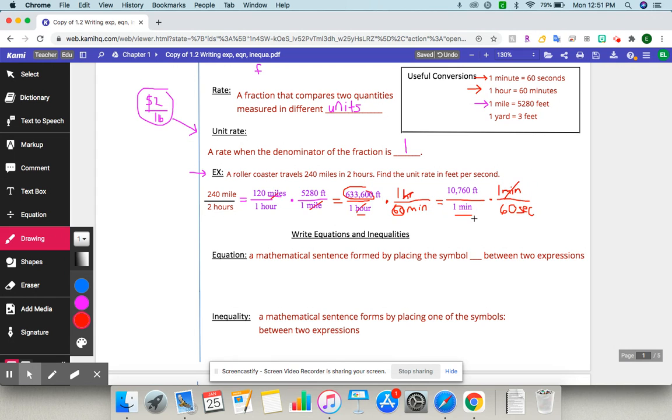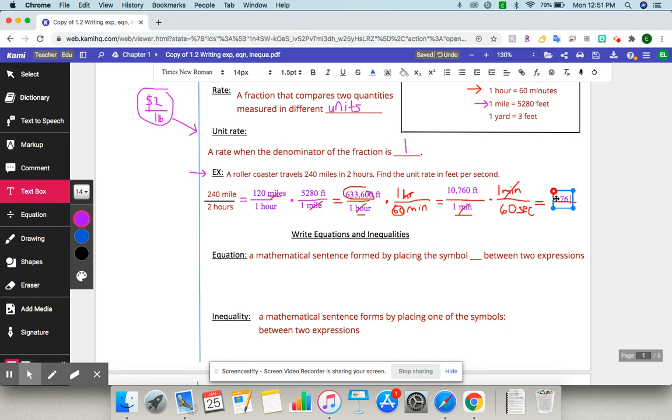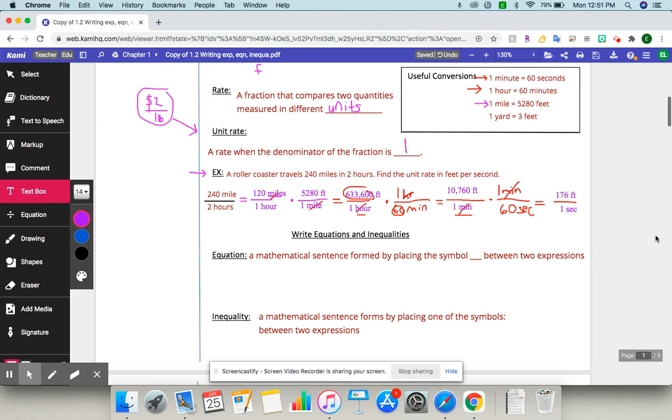So my minutes divide out, and I take 10,760 divided by 60, and I'm left with 176 feet for every 1 second. So now I know that the speed of the roller coaster travels at 120 miles per hour, but that's the exact same speed as saying it travels 176 feet per second.